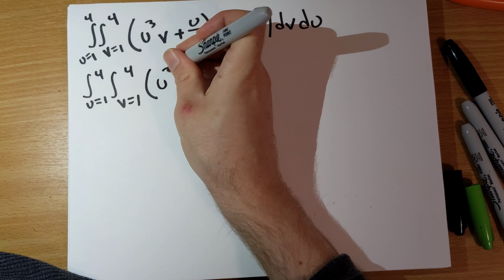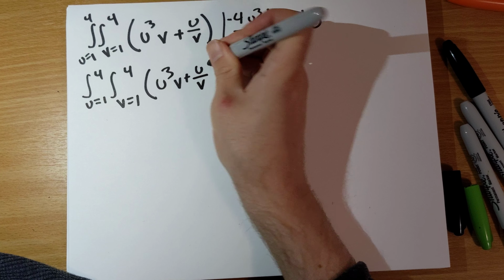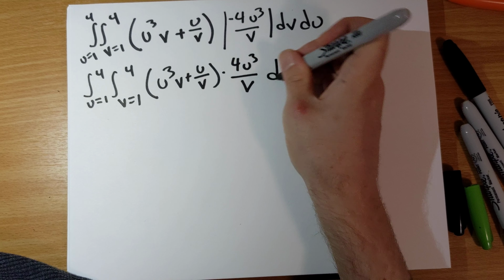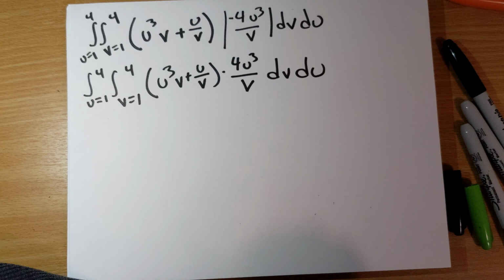Okay, so u cubed v plus u over v times 4u cubed over v dv du. So that's a very common mistake, forgetting to slap on absolute value bars is probably the most common mistake I expect on a test on this problem.